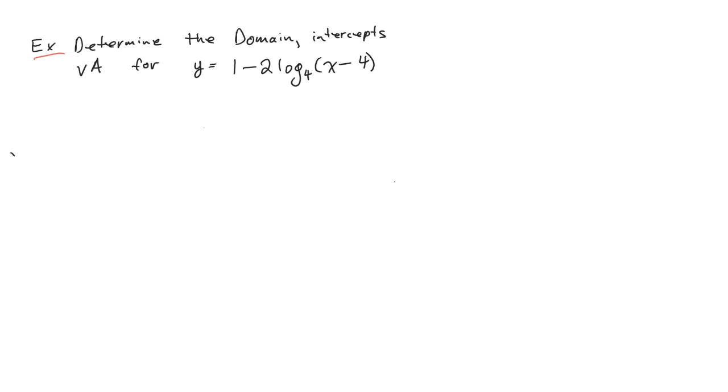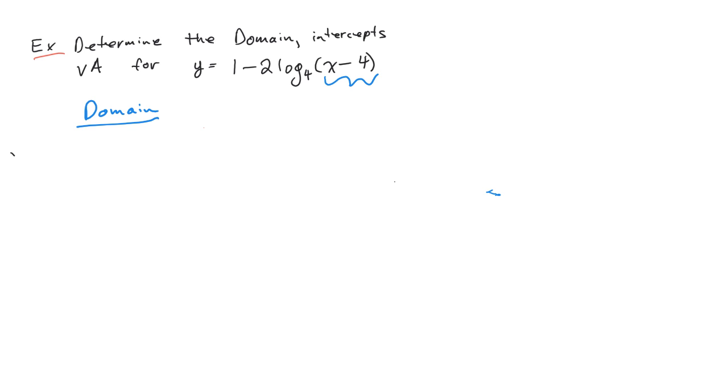So remember when we were finding our domains, the domain was always calculated by finding the values where you had something weird happening. So for the domain, we have to look at this portion of the graph, because if you end up putting a negative value for this bracketed thing in here, the log is impossible. It does not work.